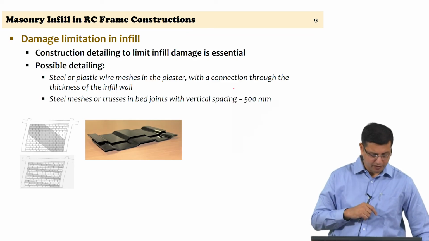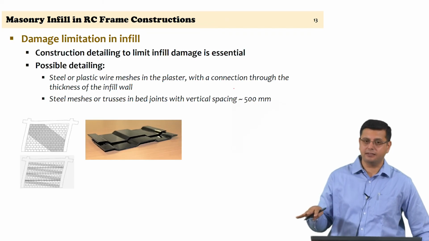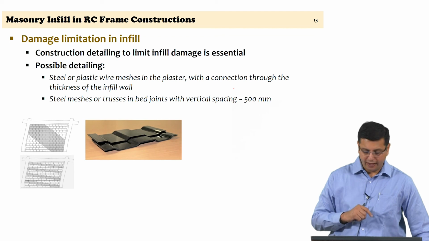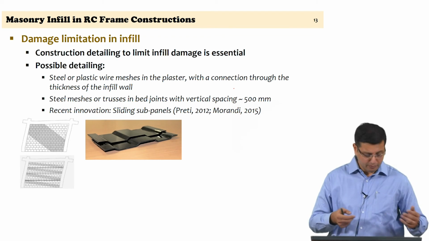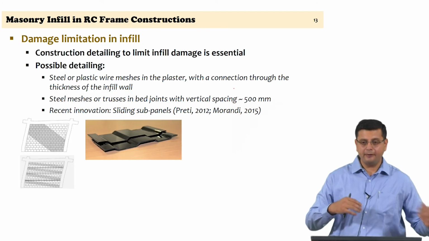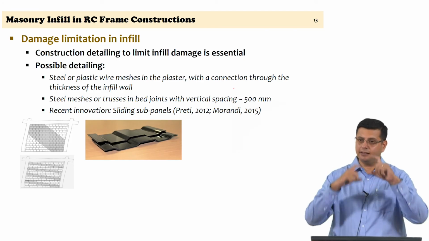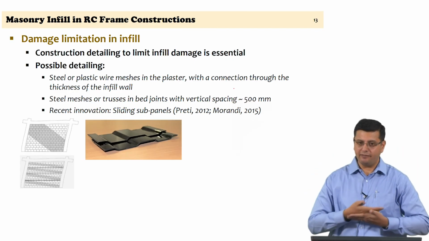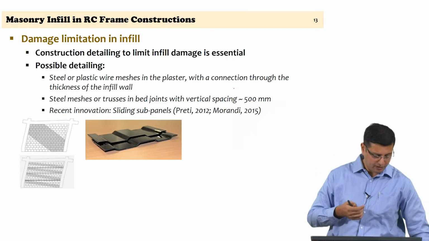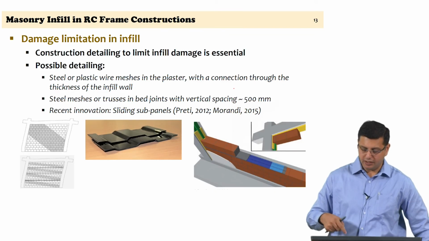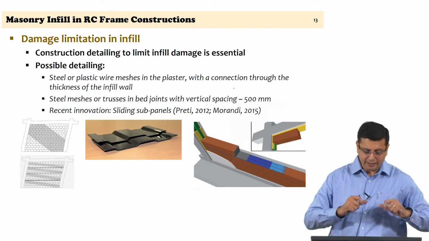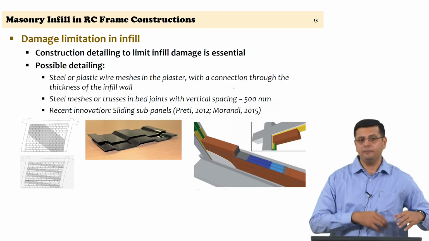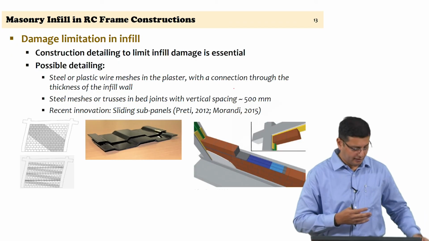So, the other examples are trusses being placed in the bed joint. These are all in the infill panel, these are all in the non-structural elements. There have also been new innovative designs where the panel starts working as sliding sub panels. You have some energy dissipation that is available in the joints. So, these help in energy dissipation, limit the damage occurring to the infill panel, and hence you have enhanced behavior.